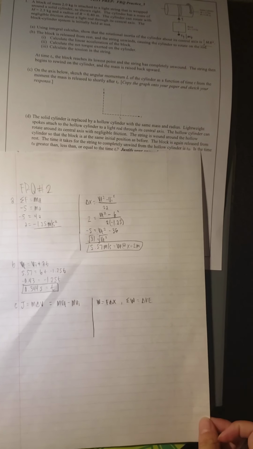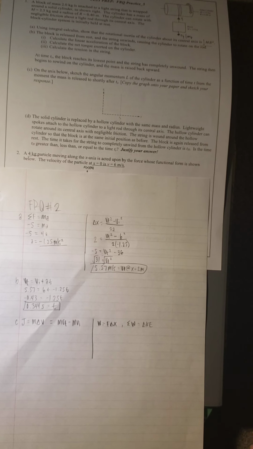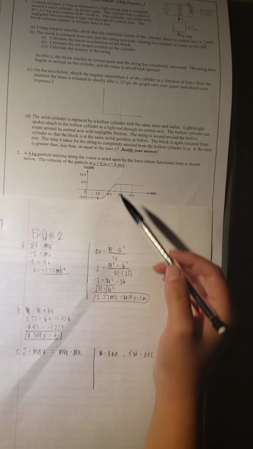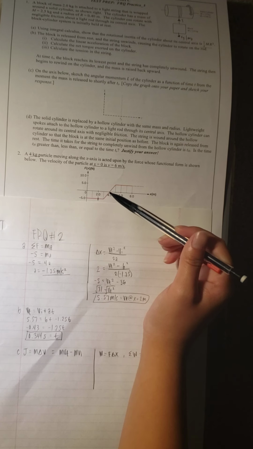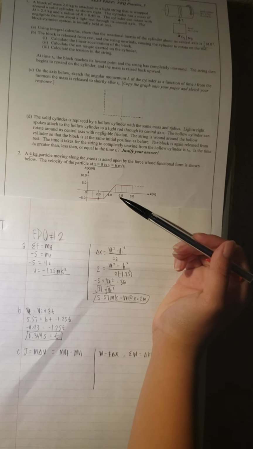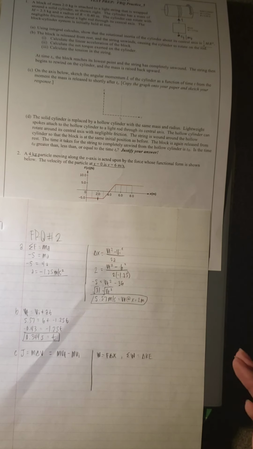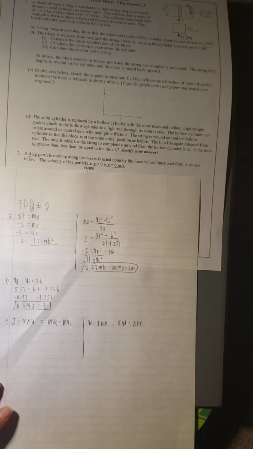What we're going to do is find the work from 2 to 4. We want to find it from 2 to 4 because you have to remember it is delta x.